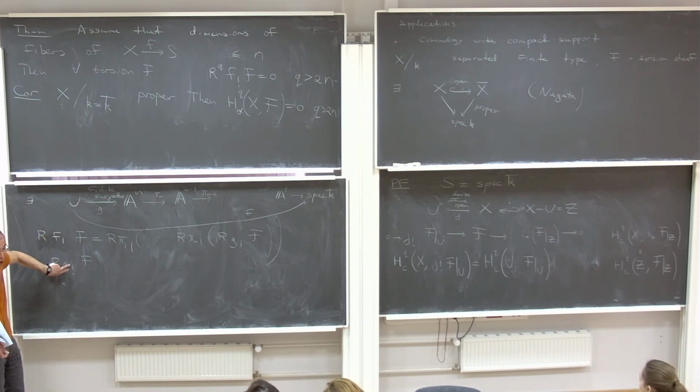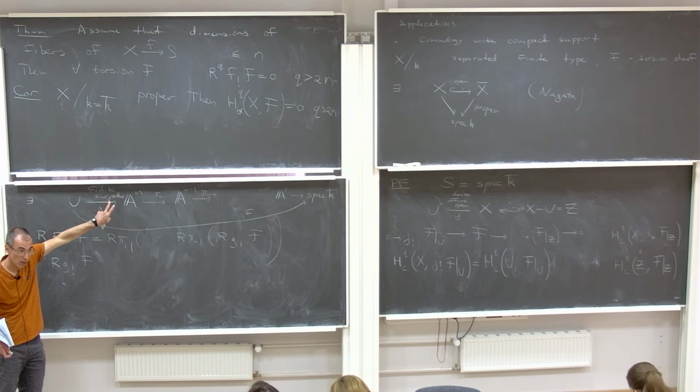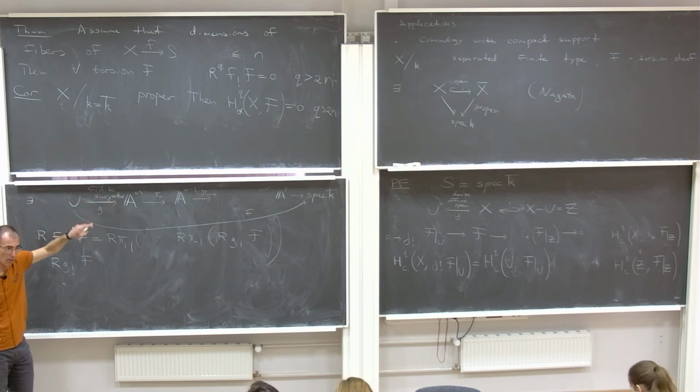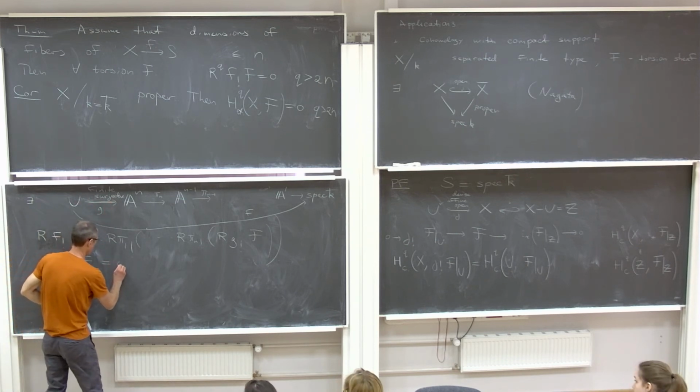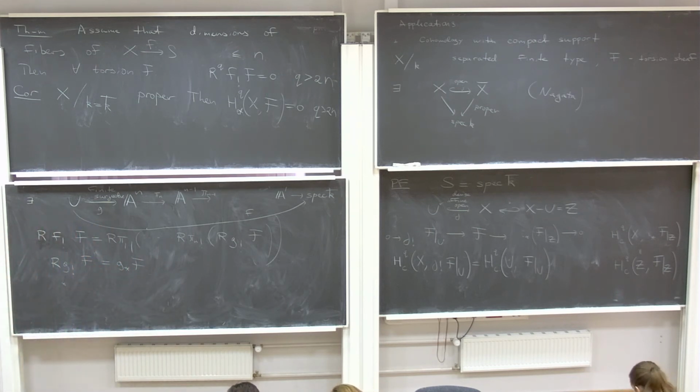So this is just the usual derived direct image. And because g is finite, there are no higher derived direct images. This is just g lower star of F. So it's supported in one degree.